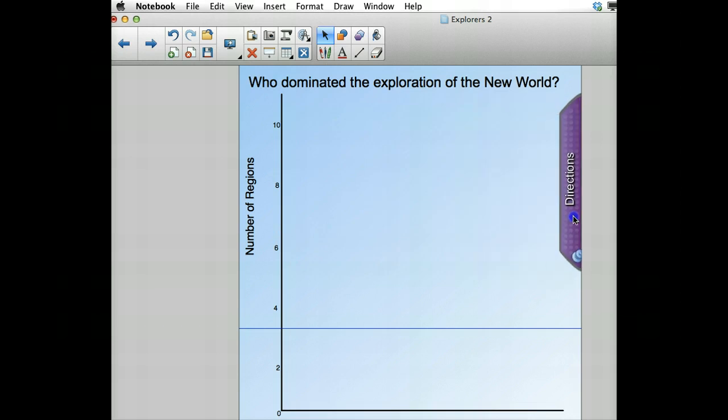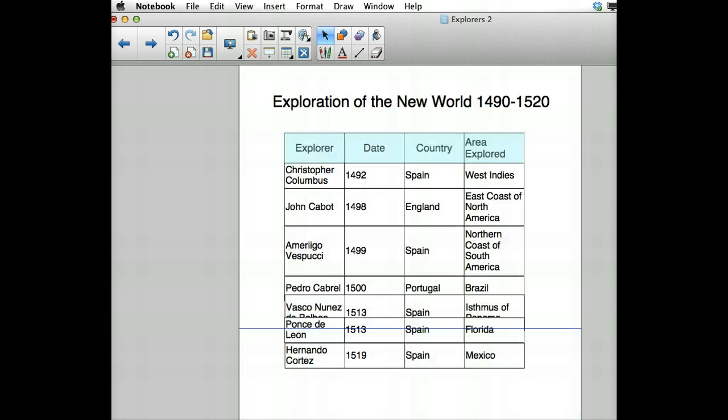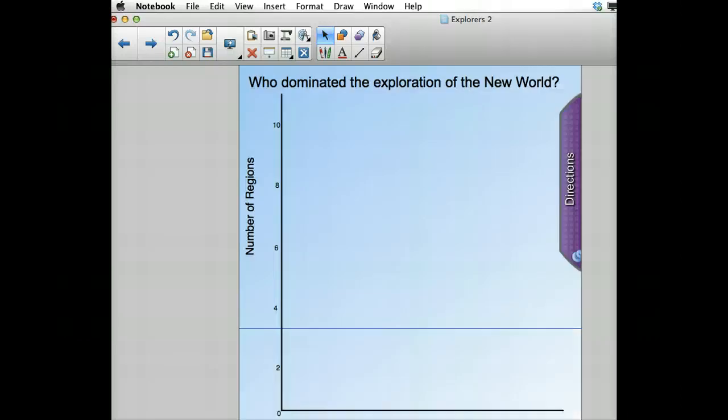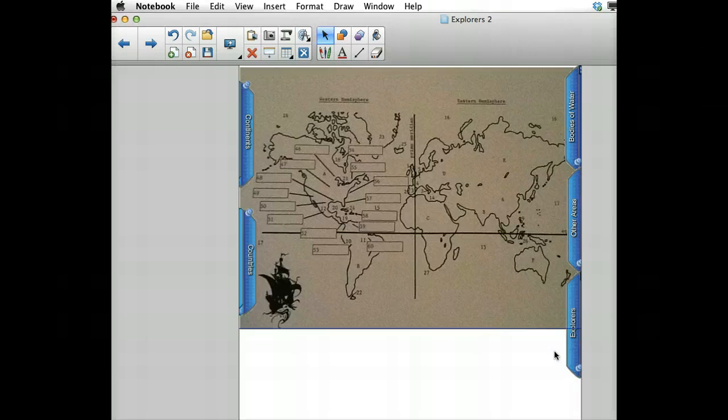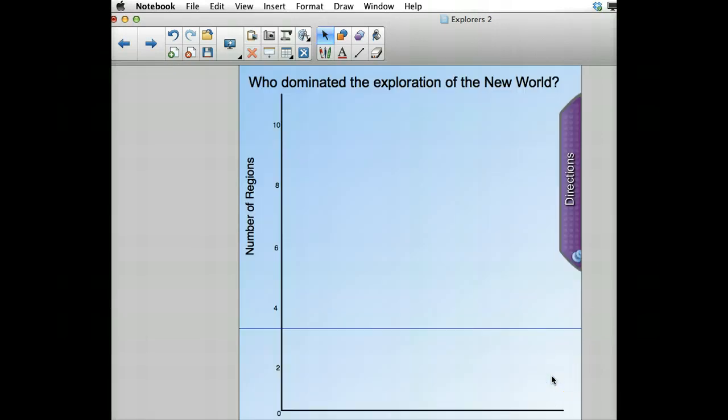Again, the students will be using the chart that was given to them in a handout, and then they can use that information to graph the number. Oops, let's go back.